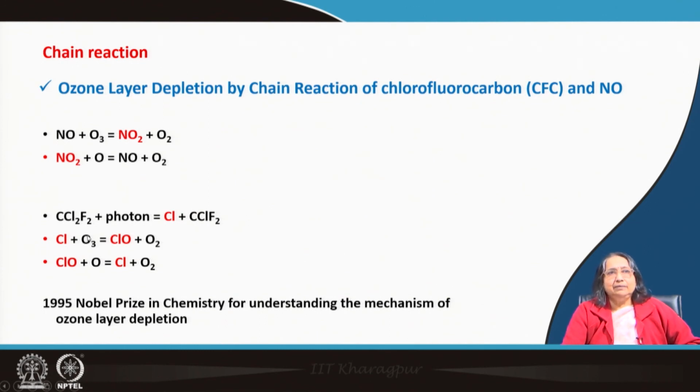Another man-made activity is chlorofluorocarbon. You know, from refrigerators, from many sprays, chlorofluorocarbon is coming, and then it is reacting with a photon, normal light, and then producing the chlorine free radical, and this free radical can destroy the ozone through a series of chain reactions. Okay, a series of reactions which is nothing but the chain reaction we have just learned.